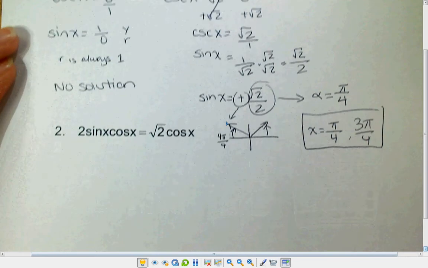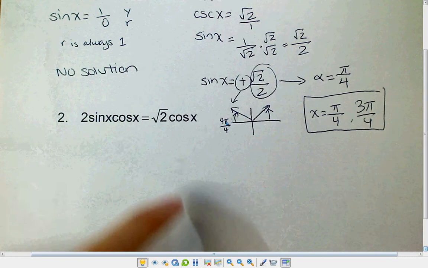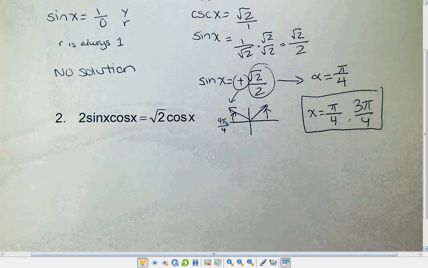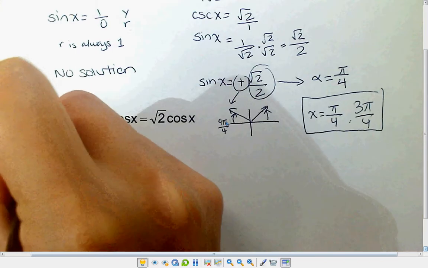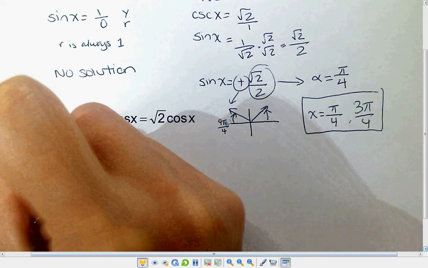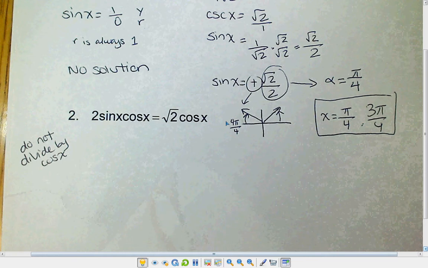Okay. For number 2, we're going to do something similar. First, recognize that this is not equal to 0. What we don't want to do here is divide by cosine, because when we do that, we're actually going to lose one of our answers.